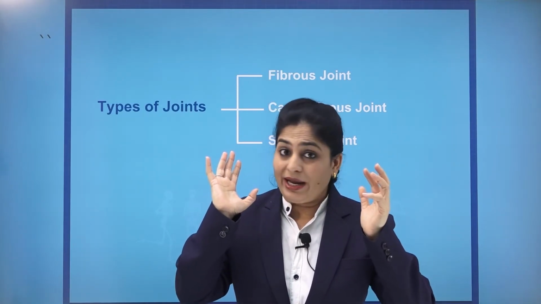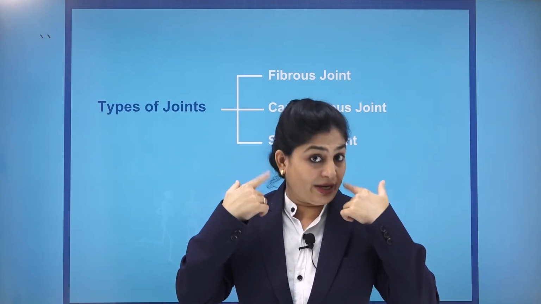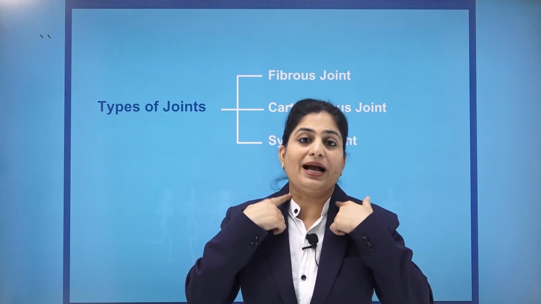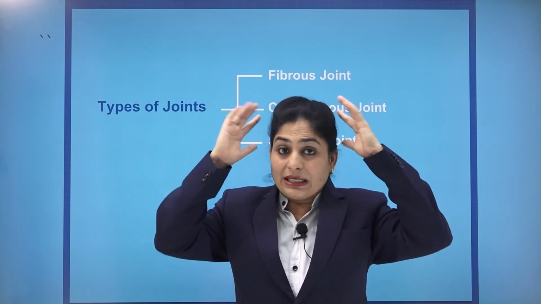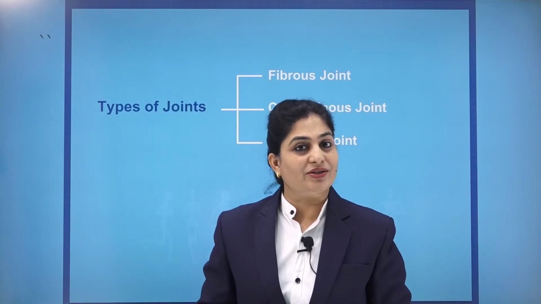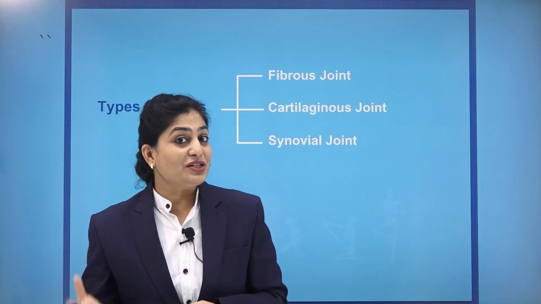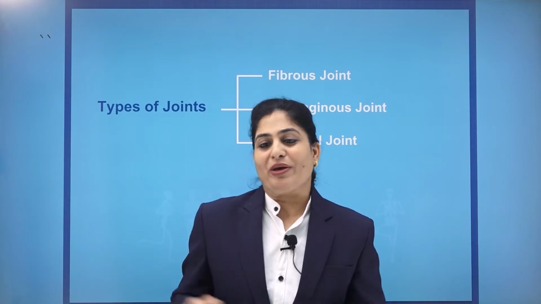When I rotate my head, the only movement I can observe is at my neck portion. When I speak, I can feel the movement in my lower jaw. But my skull does not show any movement. So I can say that this is a fixed joint, a fibrous joint, and it is immovable.